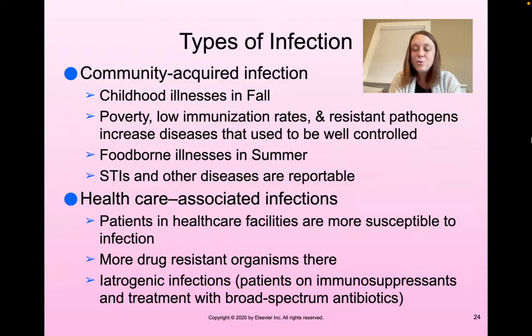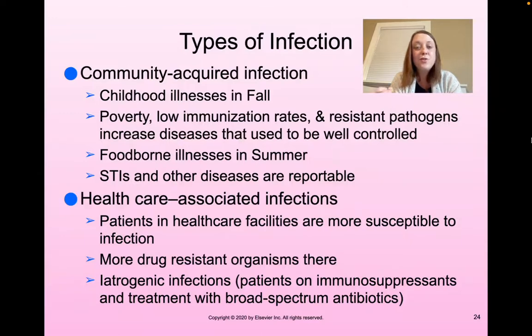Kids all come back to school, they've been out doing things in the summer, and then they are put back together in a classroom with a bunch of people that have been in different places, and childhood illnesses tend to go up in the fall. Other things that can contribute to community-acquired infections are poverty, low immunization rates, and drug-resistant pathogens. All of these things increase diseases that used to be well controlled.